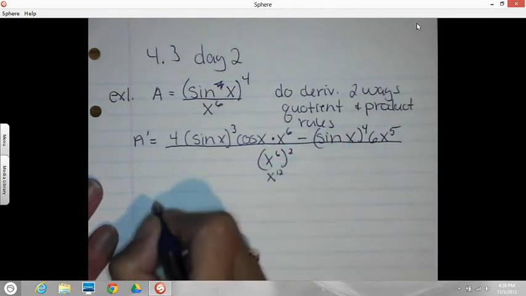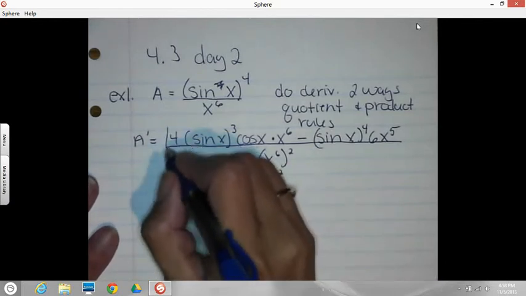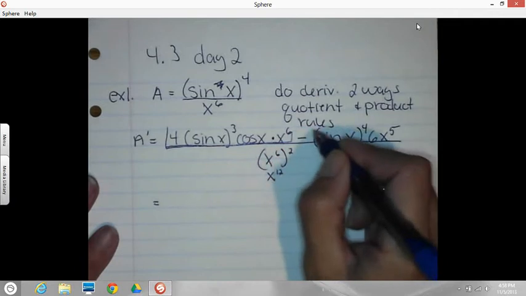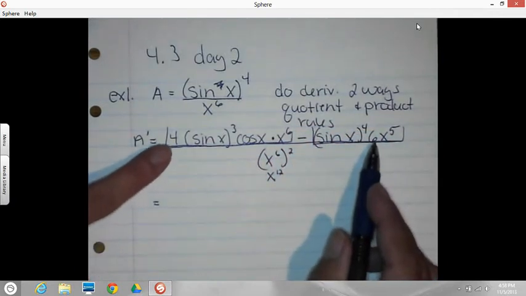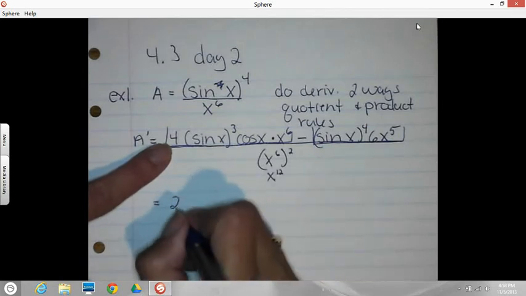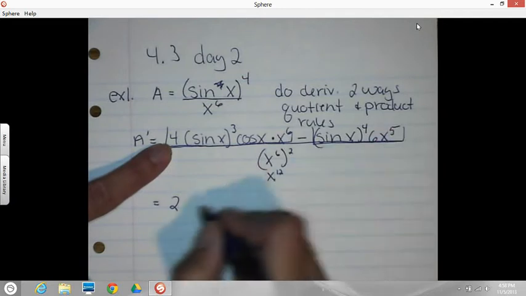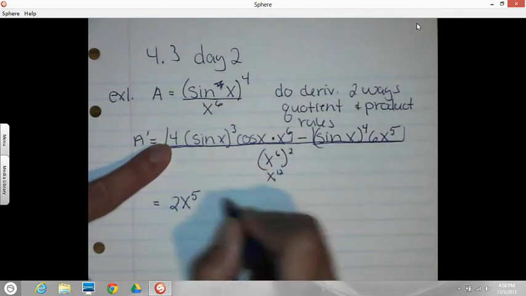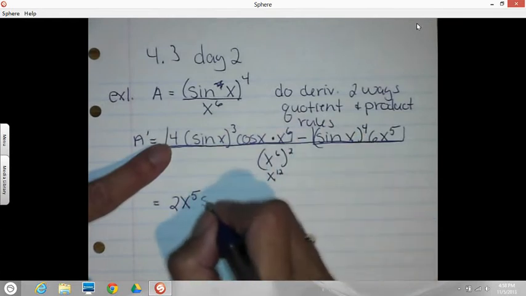All right, we need to simplify this. So we're going to factor the top. The top has two baskets, this one and this one. So we've got a 6 and a 4. We can take out a 2. I've got x to the 6th and x to the 5th, so I can take out an x to the 5th. I've got 3 of the sine x's and 4, so I can take out 3 of them.